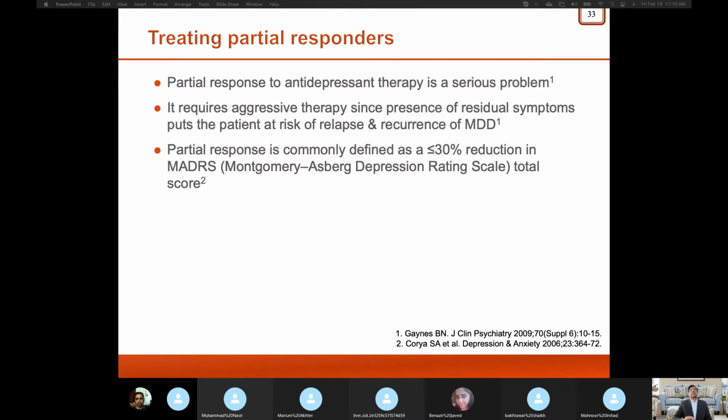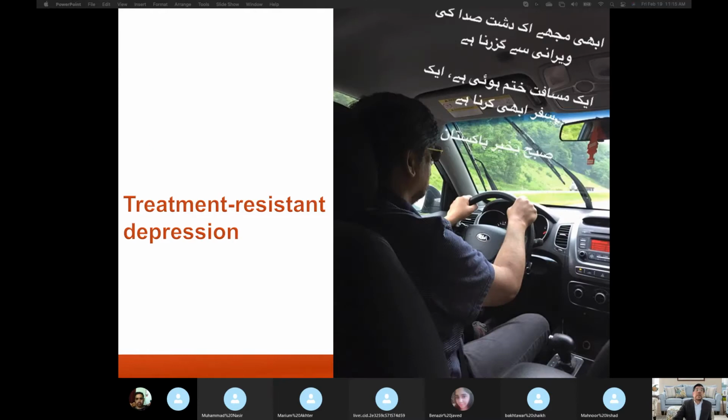Partial response to antidepressant treatment is a serious problem. We never take it seriously, but it is a serious problem. It requires aggressive therapeutic intervention, no matter how you want to do it, either with psychological help or by adding augmentation strategies. Now, if the person is not responding to the treatment, then things do get complicated.